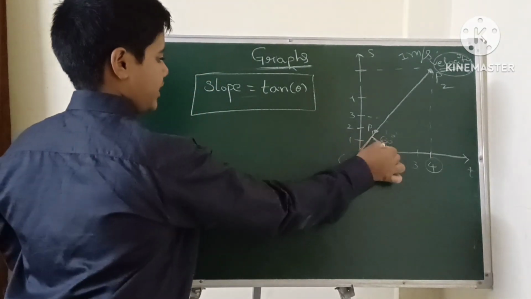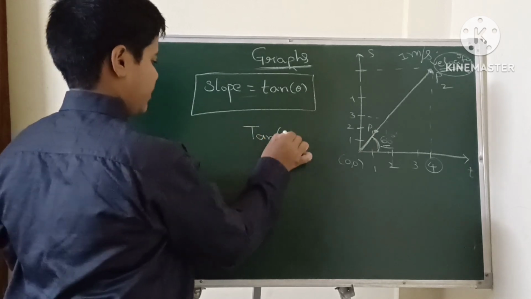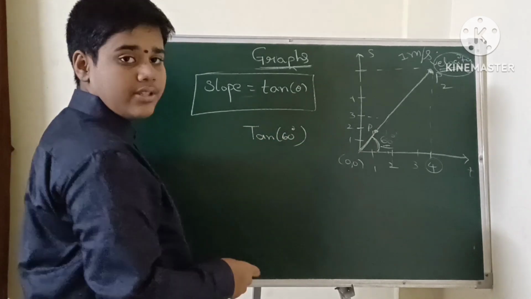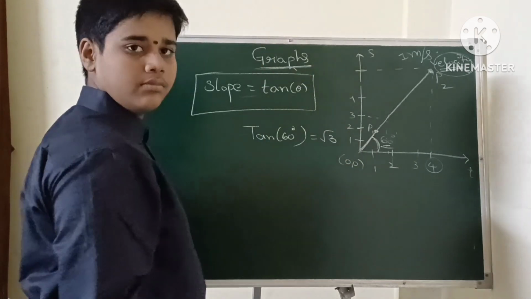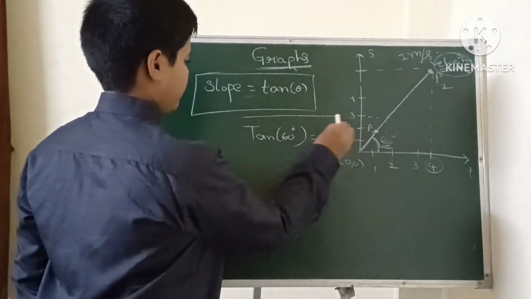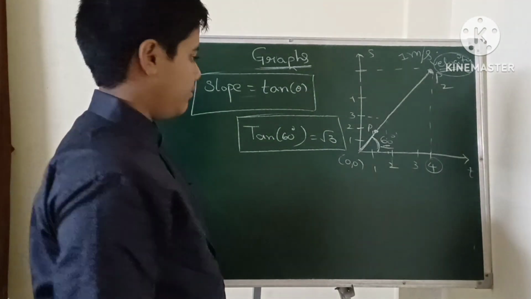So if they give 60 degrees, we can find tan of 60 degrees, which means root 3. Okay, so we can find the slope as root 3.